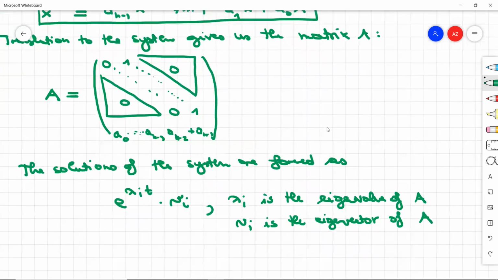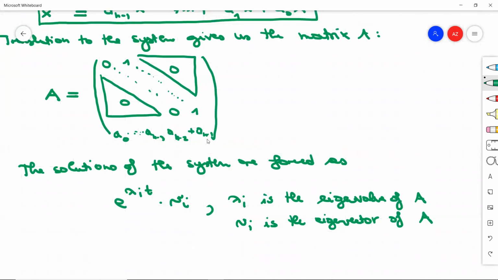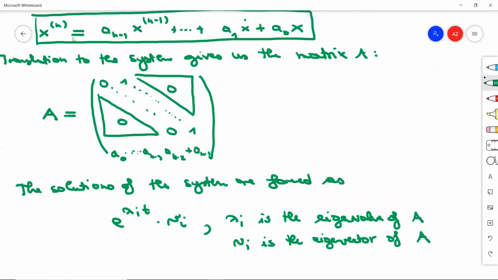And now, maybe you recall from linear algebra, probably you did this in linear algebra, but if you didn't, I will just tell you, this is the so-called companion matrix to a polynomial of this form.